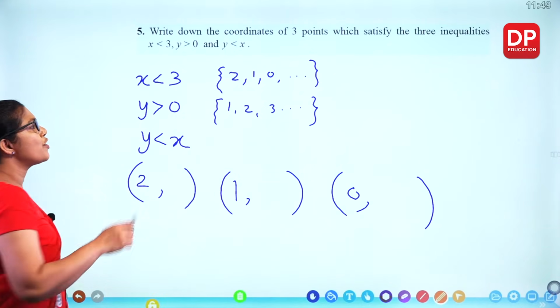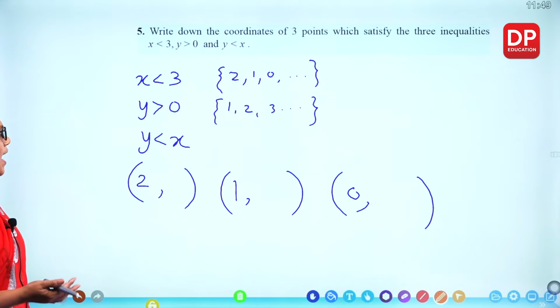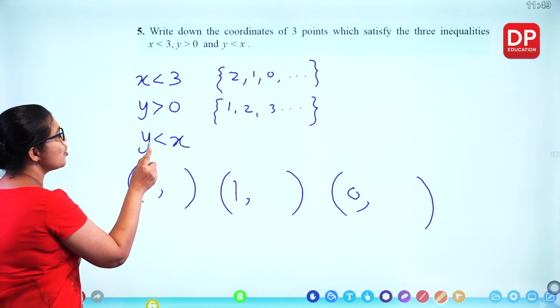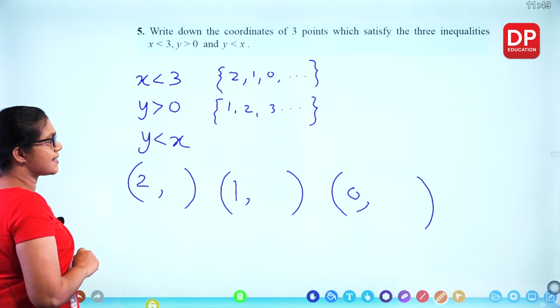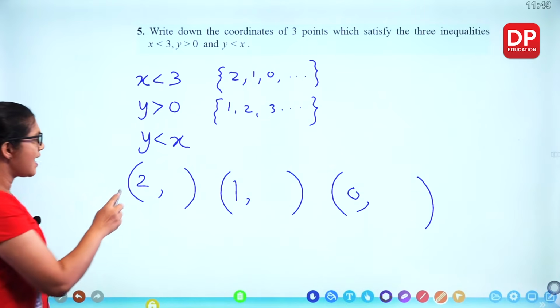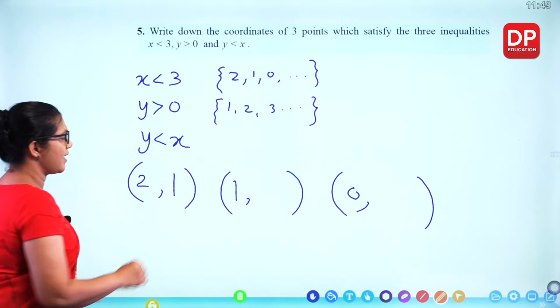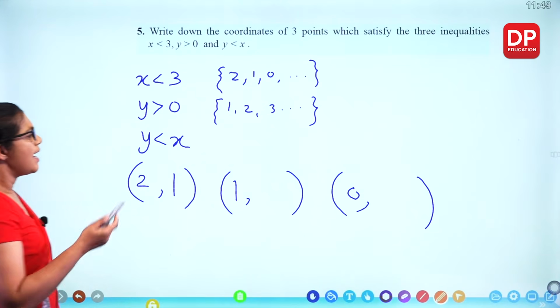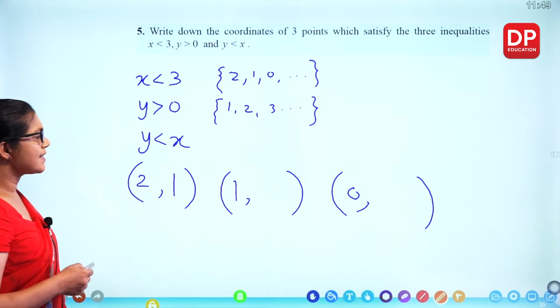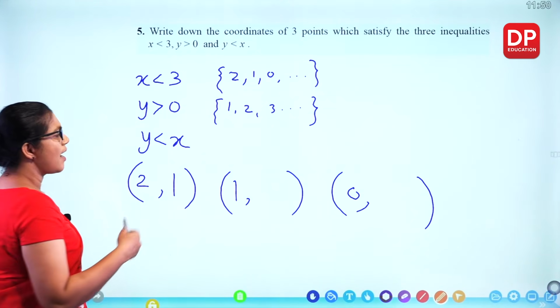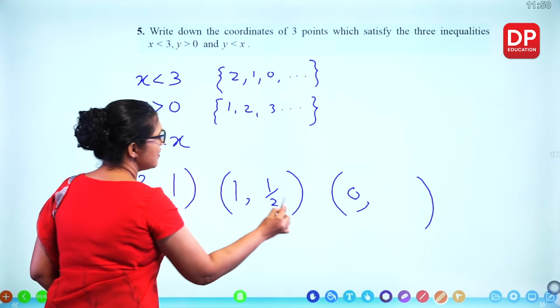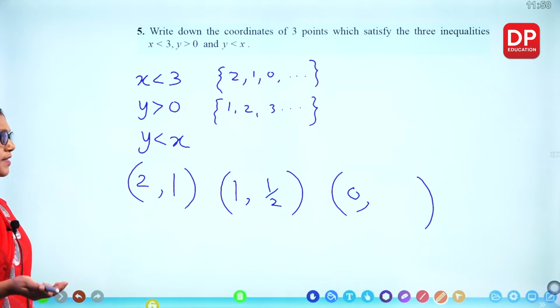So y should be positive as well as that should be less than x. So less than 2, any positive value less than 2, I can write 1. Any positive value less than 1, I can write half. Half is a decimal value or a fraction.